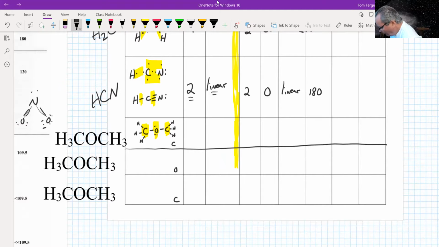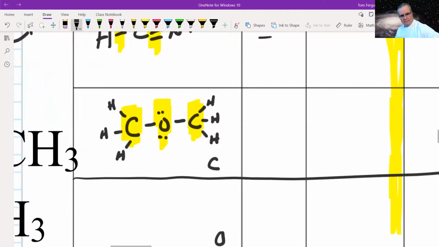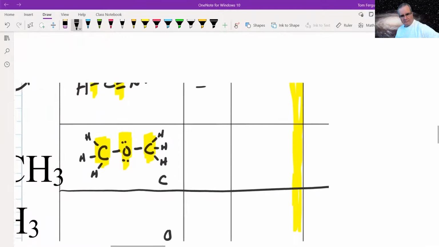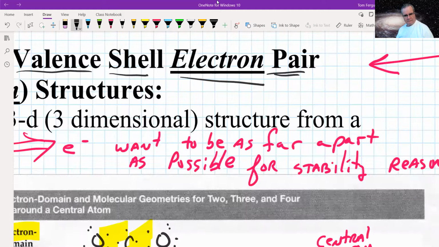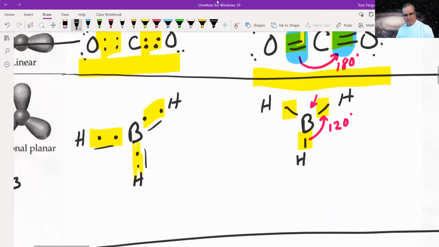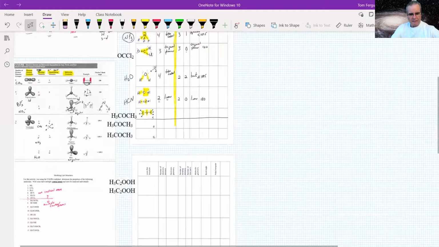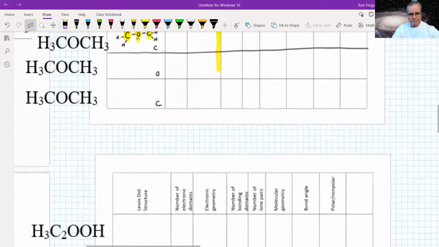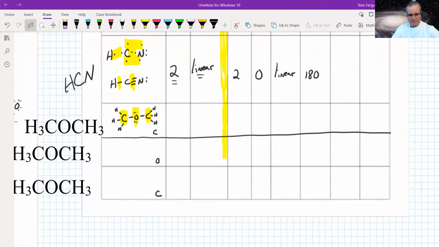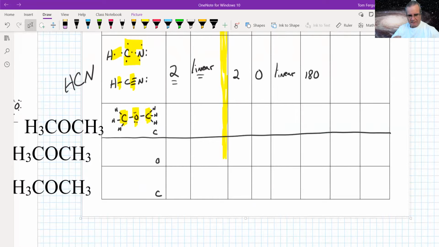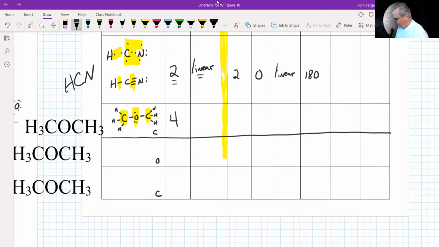It has 4 electron domains. That makes that tetrahedral.